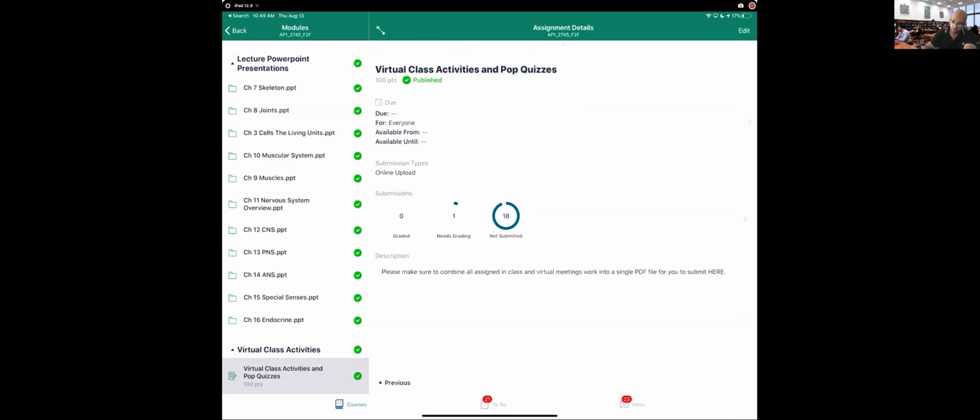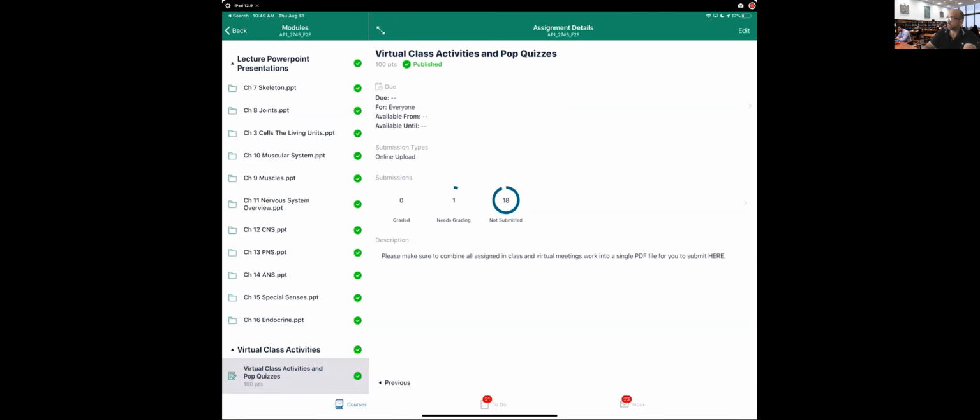The way for you to submit the assignment is by uploading the document. So you upload the documents that you've created throughout the semester, and you'll be submitting them here. You have a separate module just for the virtual class activities.